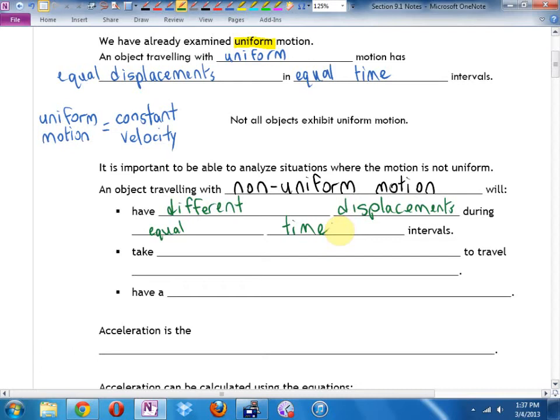Or if you're traveling the same distance, it will take different times to travel equal displacements.